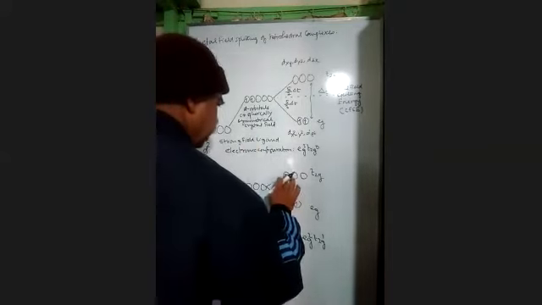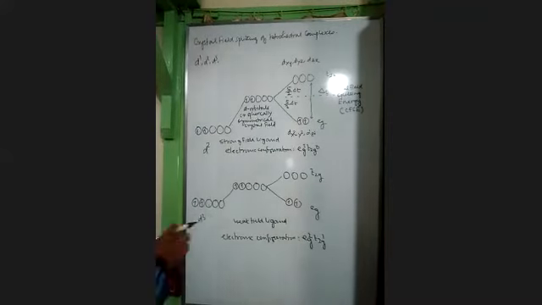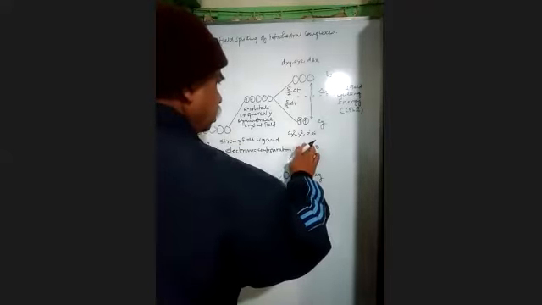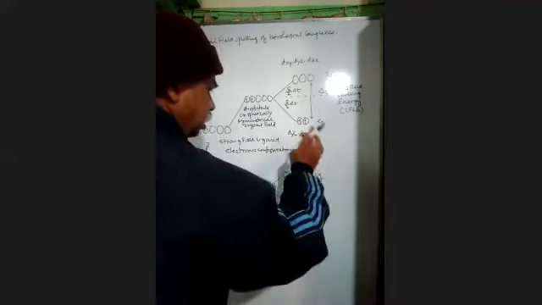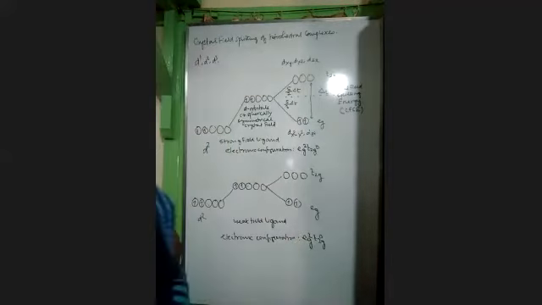See here, this is for D2. For strong field ligand it is this, for weak field ligand it is this. And what will be the configuration? This is for D2.